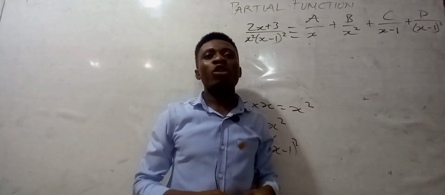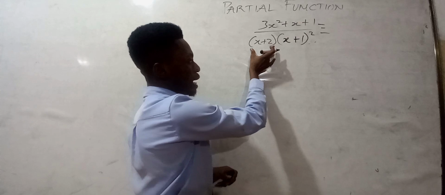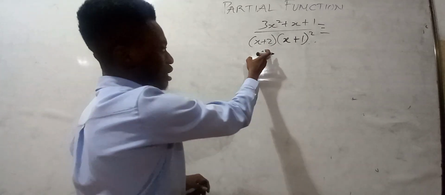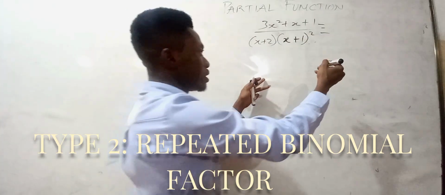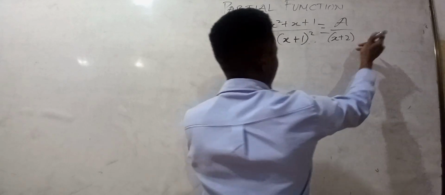But this one is very complicated, so type 1. So you know that this is a binomial. Sorry, this is a linear factor which is not repeated. So you do it the same procedure as the first one, which is A over the denominator, so x plus 2.